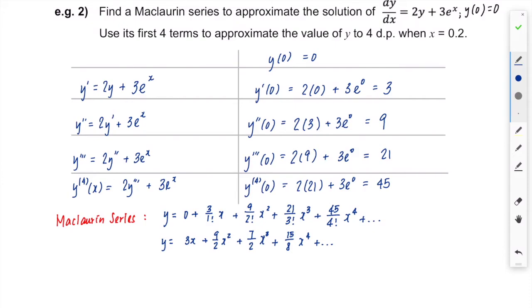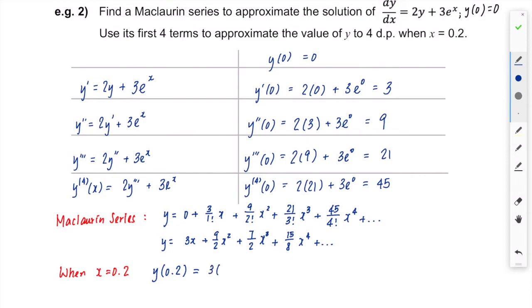Okay? So now when x is equal to 0.2, we can substitute that into the Maclaurin series.